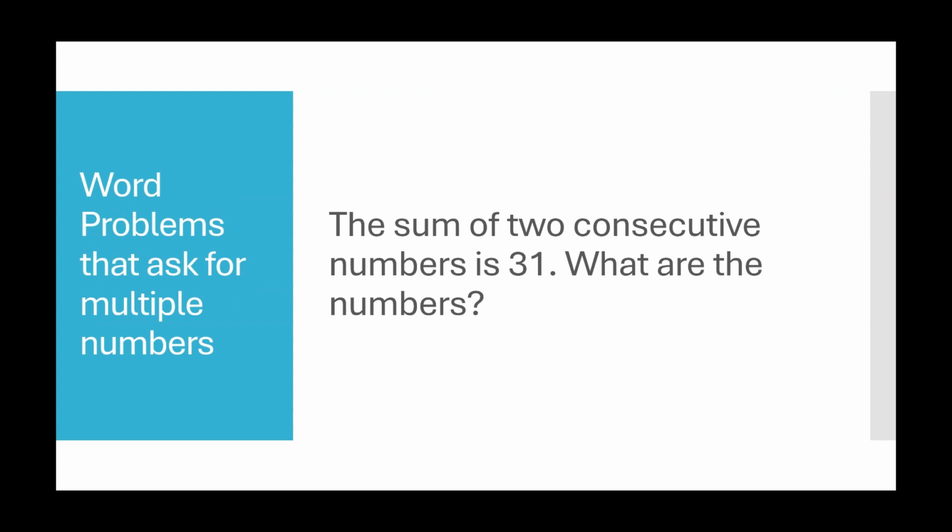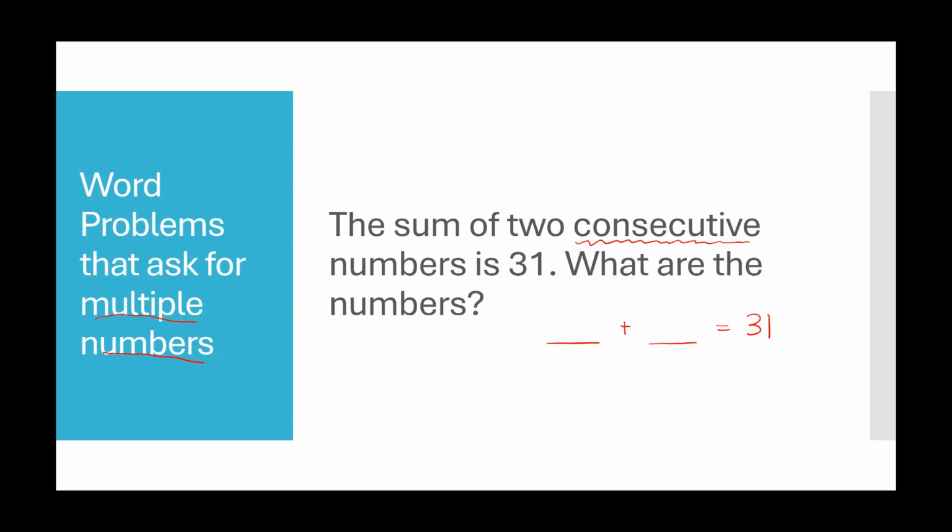You will also see word problems that ask you for more than one number. So here we've got the sum of 2 consecutive numbers is 31. What are the numbers? So we've got something plus something makes 31, and we want to figure out what those numbers are. Whenever you see consecutive, hopefully you remember those special phrases we had at the very beginning here.